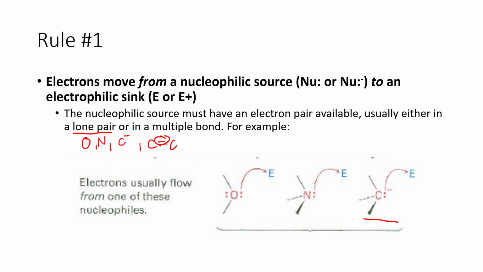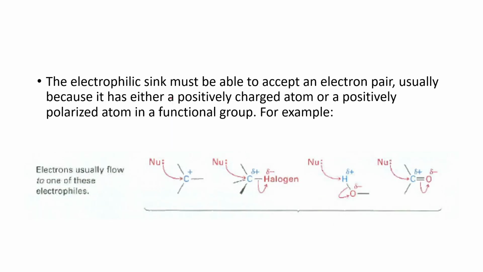You can also get electrons from a multiple bond. The electrophilic sink must be able to accept an electron pair, usually because it is positively charged or positively polarized in a functional group.